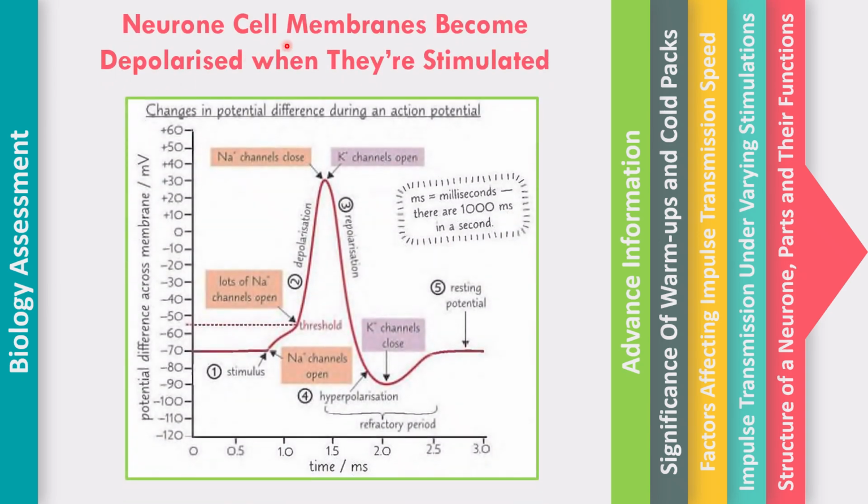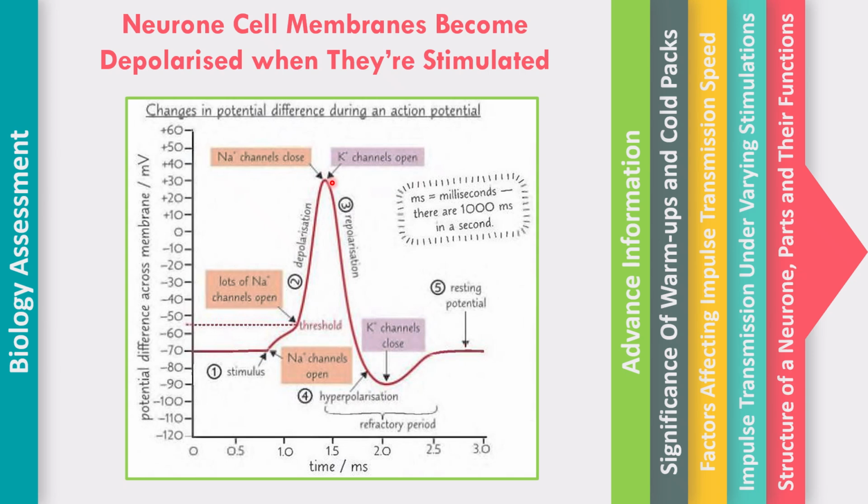Here we look at the neuron cell membrane becoming depolarized when it is stimulated. So we have our curve here. At this point, this is the resting potential, and here there is going to be stimulation, meaning we are depolarizing. After depolarization, we shall have the action potential here.